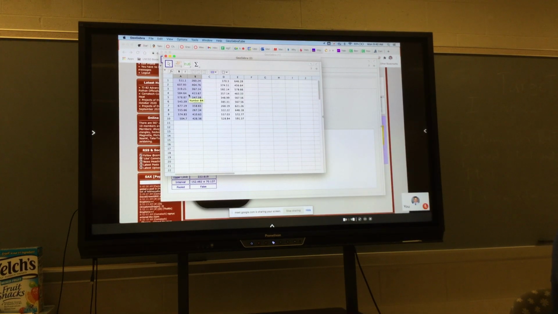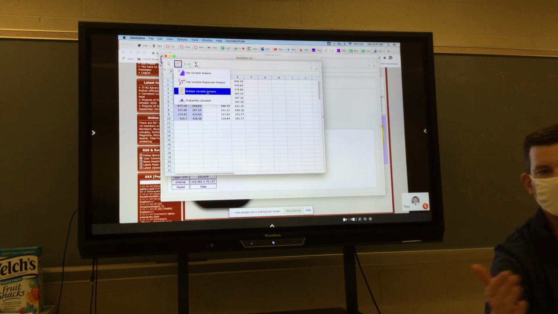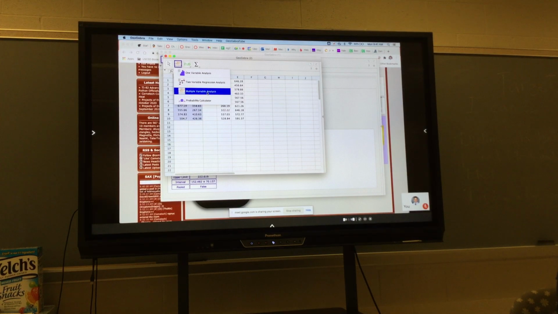And I put our sample data in column A and column B. A is the lean values, B is the mildly obese values. And I copied those and pasted them in here. I'm going to perform a multiple variable analysis, which is the equivalent of the 2-var stats on the calculator.